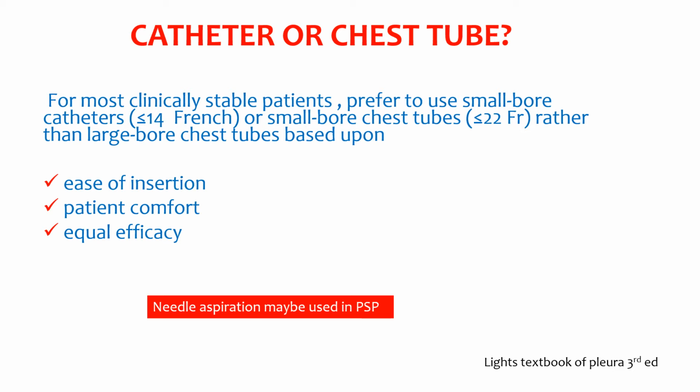Please remember that the chest tube is quite uncomfortable for the patient and you often have to give analgesics. In primary spontaneous pneumothoraces, that is PSP, needle aspiration has also been advocated. So opinion again here is divided. You may put a catheter or a small chest tube, or you may do a needle aspiration.